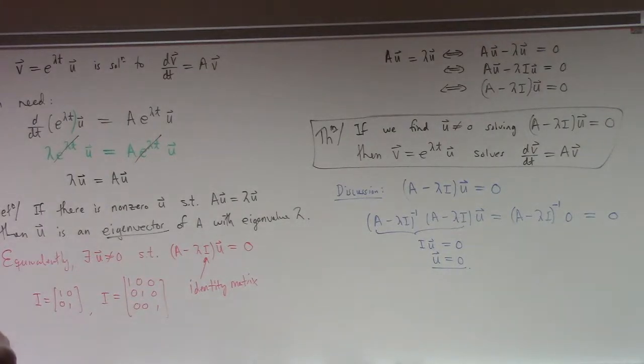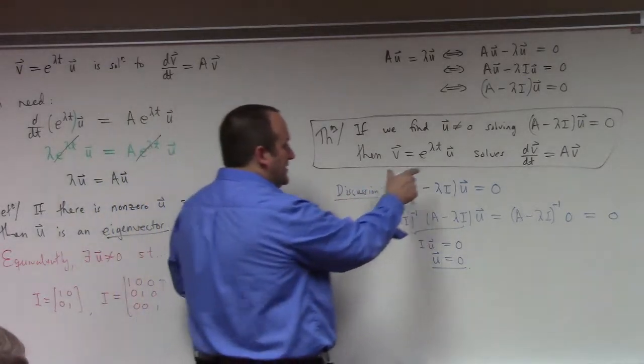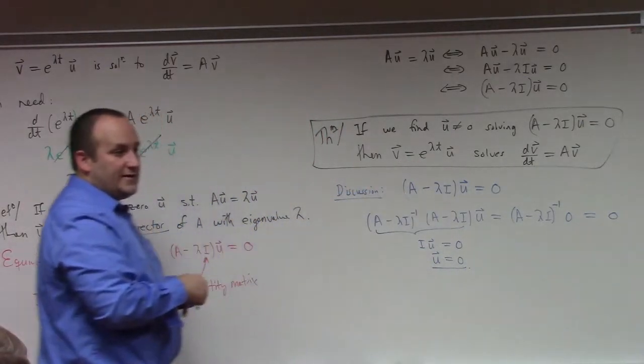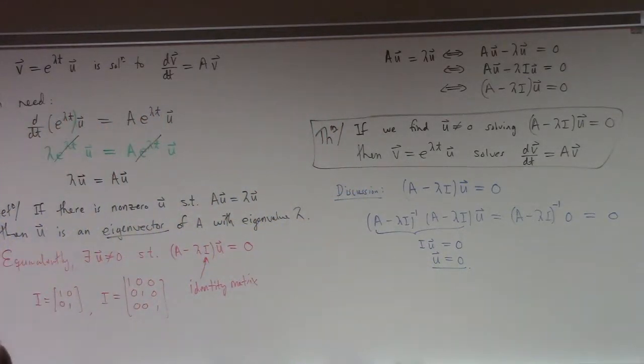But what do we need u to be? We need u to be non-zero, right? Because if u is 0, then we're just getting the stupid solution to star, right? Does v equals 0 solve star? Certainly. If we take the identically 0 function, we differentiate, we get 0. If we take A times 0, we get 0. So 0 equals 0. It works. Hooray, but it's useless, right?